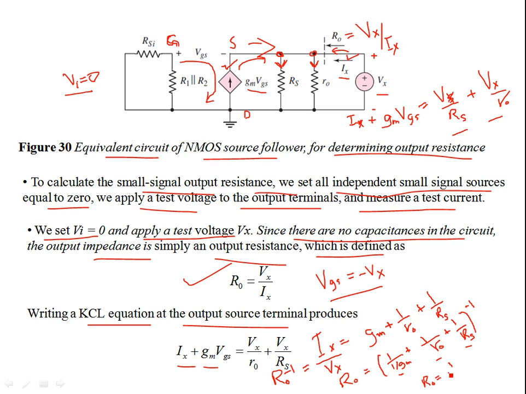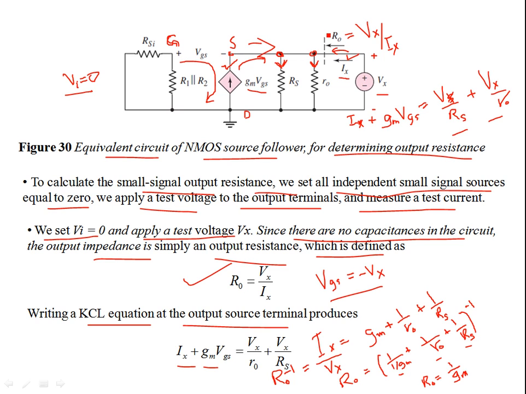That is 1 over Gm. 1 over Gm also has the dimensions of volts per amp. So this is the resistance. So that means your transconductance parameter is influencing the output resistance very much. So 1 over Gm can be noted as if you're looking towards the source terminal.